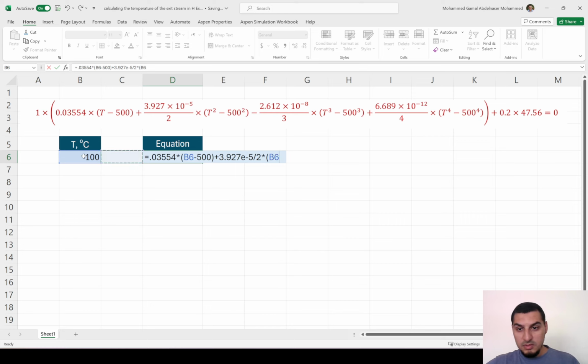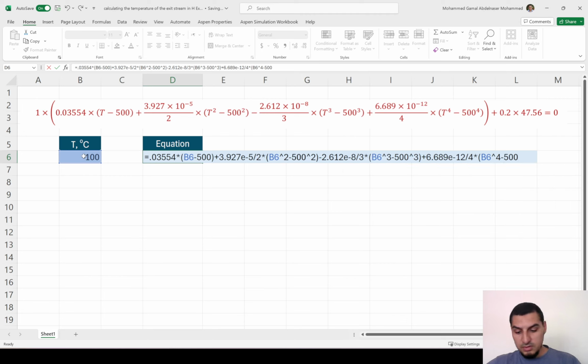So this is multiplied by t power 2 minus 500 power 2, minus 2.612 times 10 power minus 8 divided by 3 multiplied by t power 3 minus 500 power 3, plus 6.689 times 10 power minus 12 divided by 4 multiplied by t power 4 minus 500 power 4.